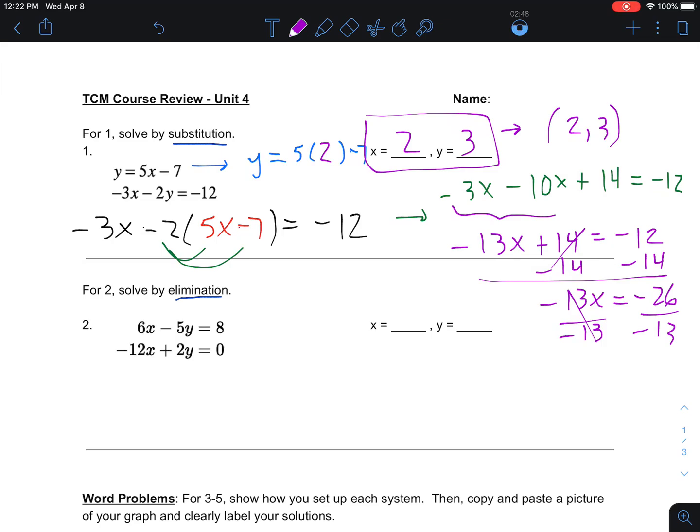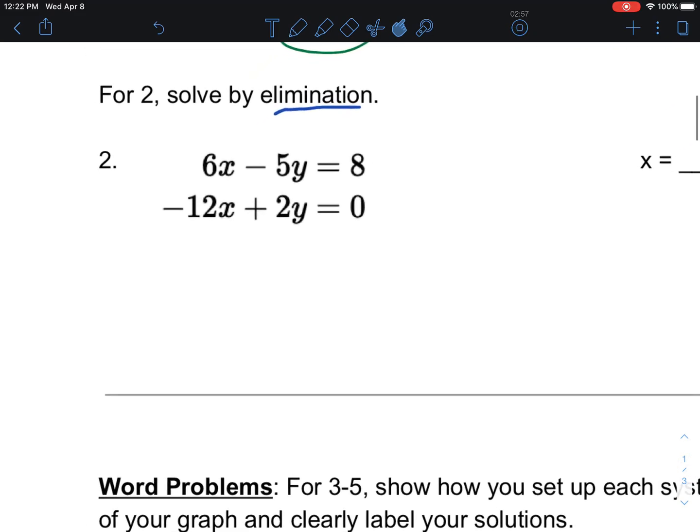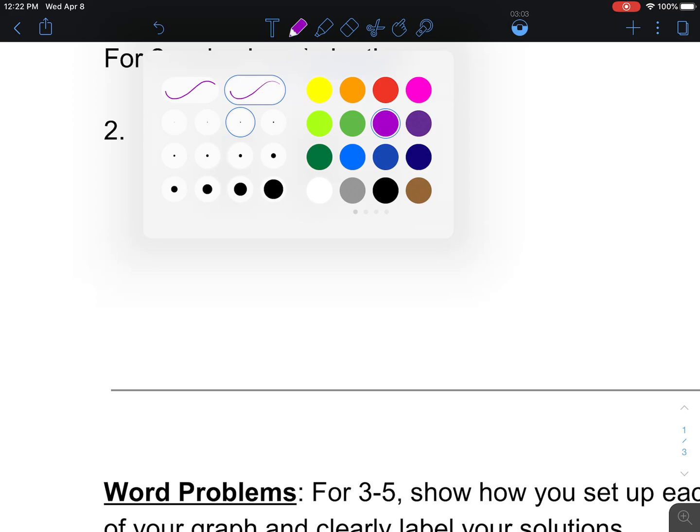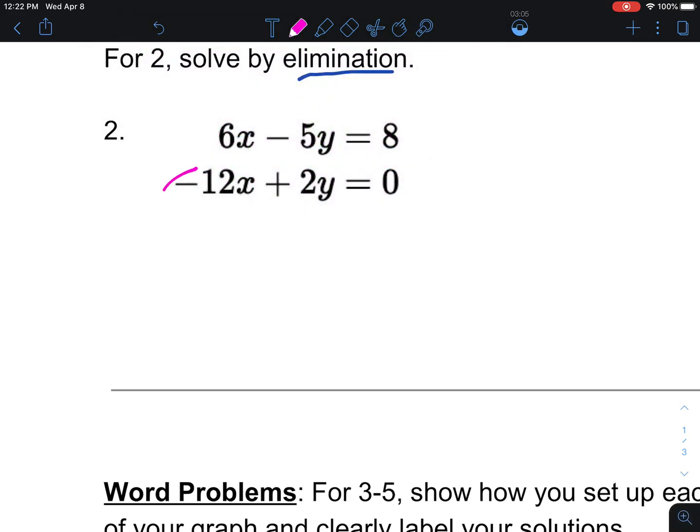All right, so now we're going to look at solving by elimination, which is another way you learn to solve by hand. And here we go. So for number 2, elimination is the idea where you multiply each row by a number. And the way we learned that would be you want to have one negative and one positive for x or for y, which we do in this case.